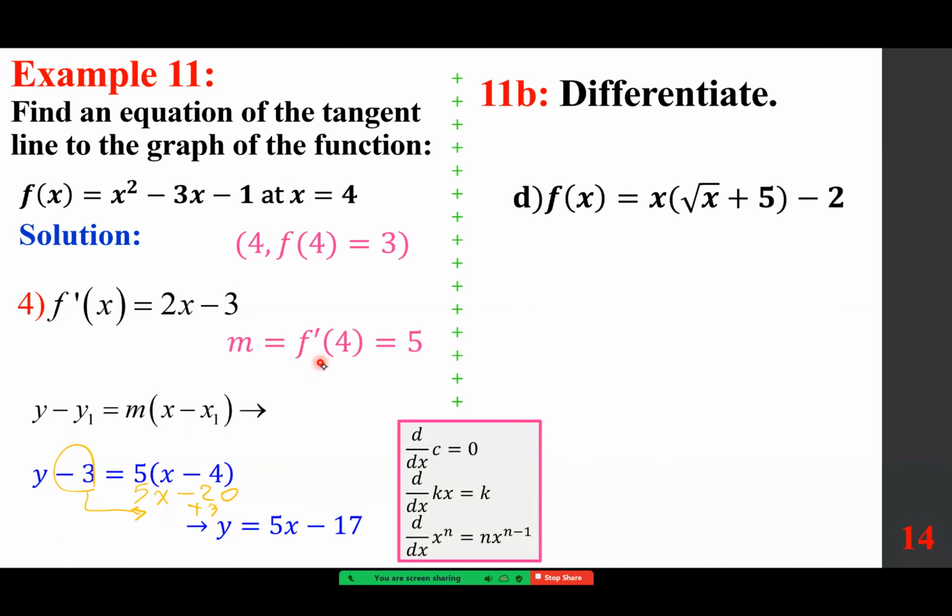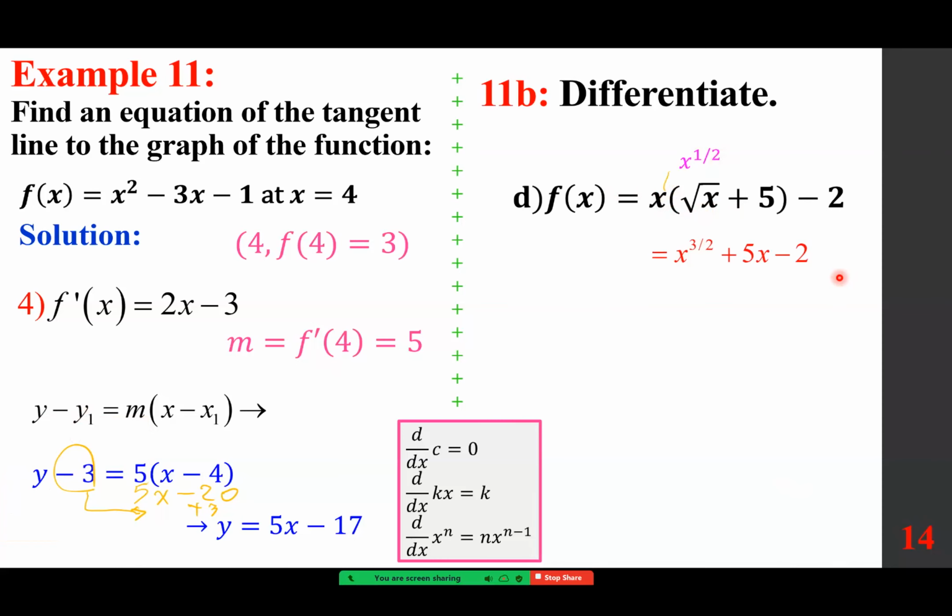We want to differentiate this. As you know, we have to first replace this with x to the power of 1/2 and write it in exponential form. Then we're going to multiply these two, distribute, and this is x to the power of 1. When we don't write the exponent, everybody, the exponent is 1. So 1 and 1/2 add up to 3/2.